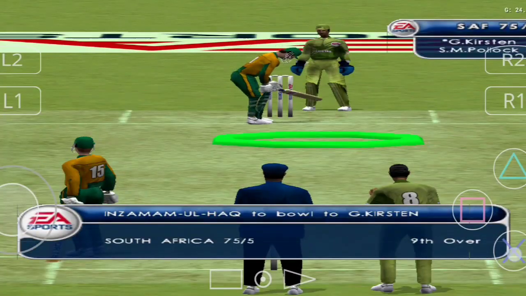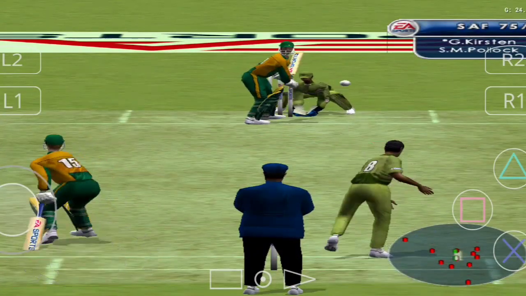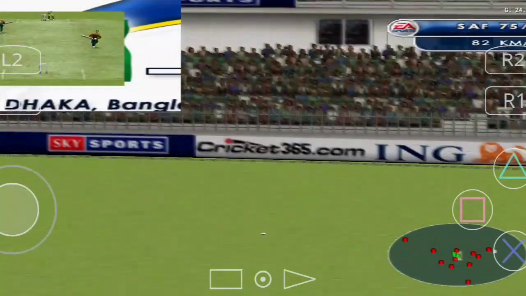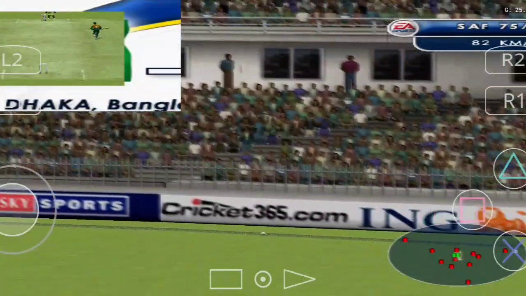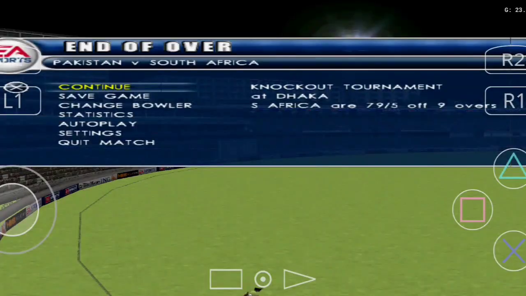Inzamam Haq continues. Well, that'll beat the fielder. Kirsten has moved into the 20s and is starting to look far more relaxed.